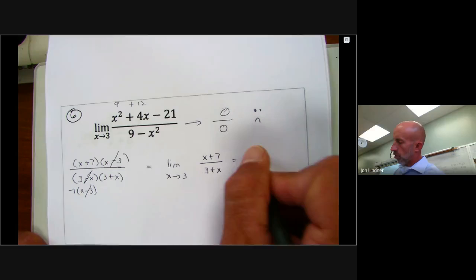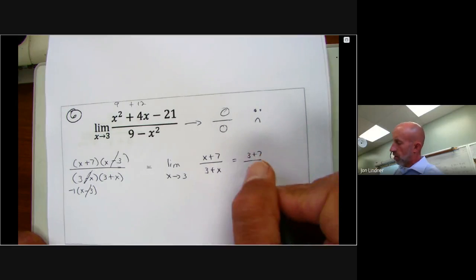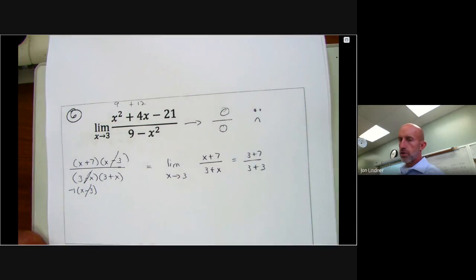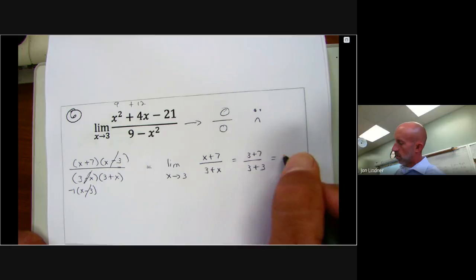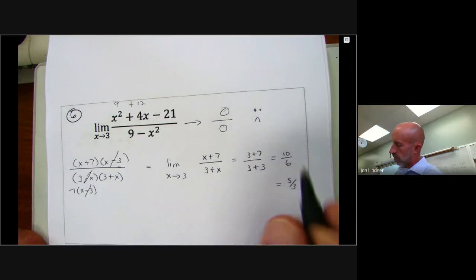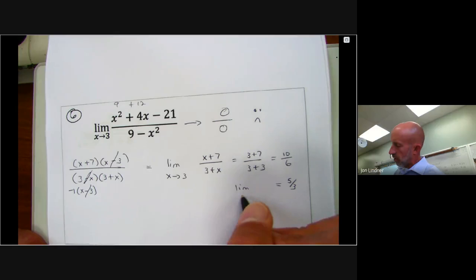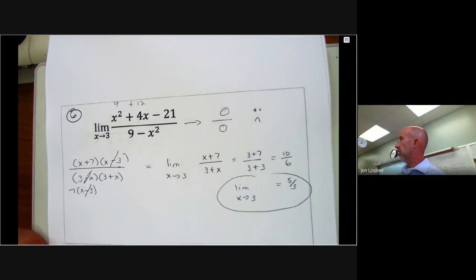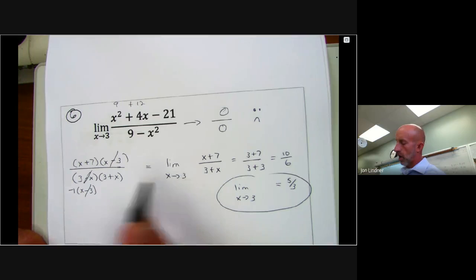And I have 3 plus 7 over 3 plus 3, which is 10/6, which is 5/3. That's the limit of this messy thing as x approaches 3. All right. Just plugging in 3 after we got our new function.